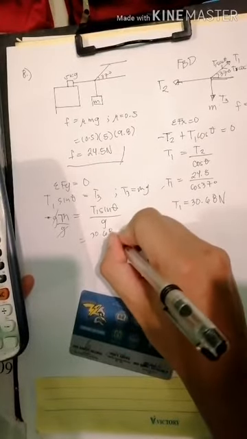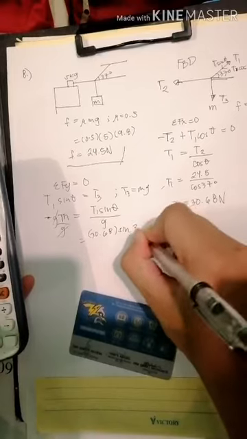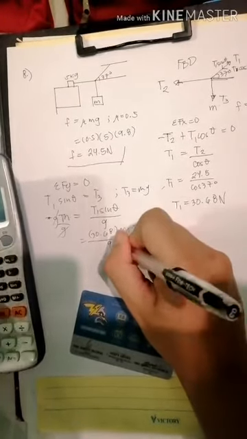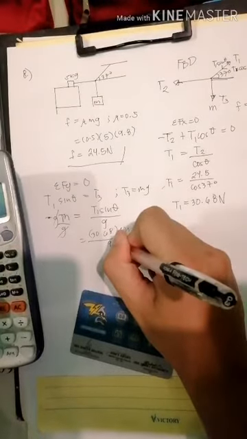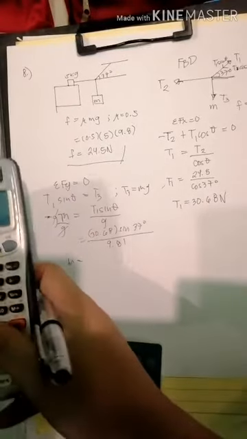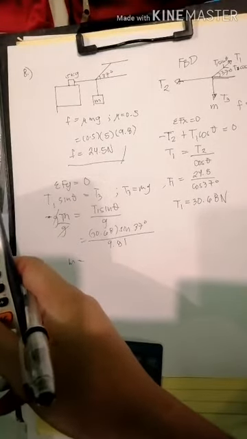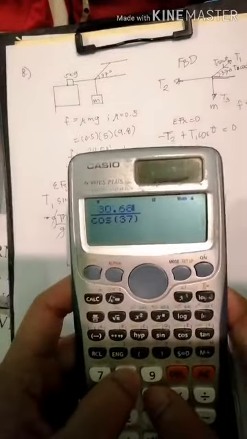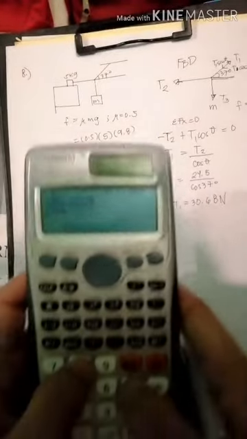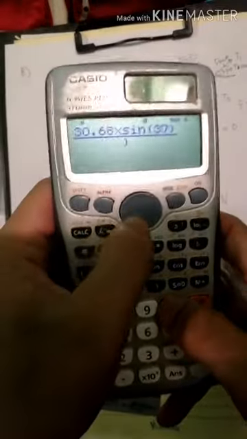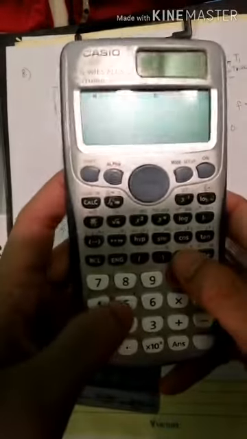T1 is 30.68 sin 37 degrees. Yung gravity is 9.81. So, mass equals to 30.68 times sin 37 over 9.81.